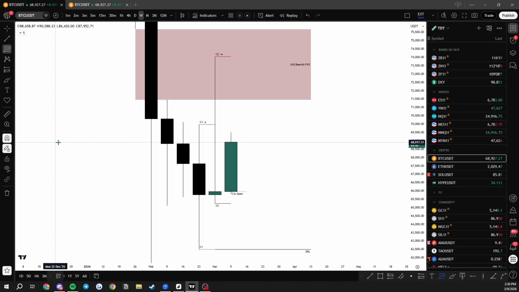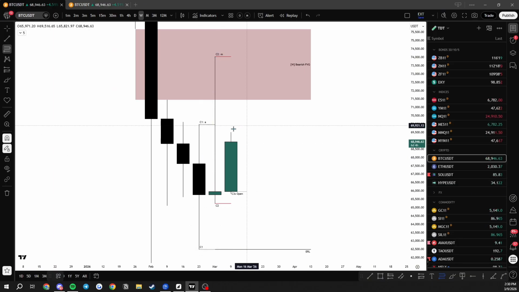Beautiful, yep, absolutely. Candle 2, we don't want to see price manipulate all the way back into here, because that would invalidate the idea that this is a swing high. If this candle goes higher than this one, then this is not even C2 anymore, and we got a huge move up and then a close back inside candle one's range.